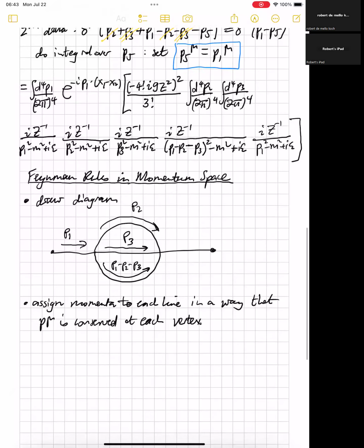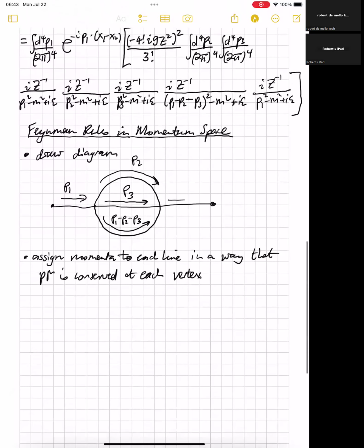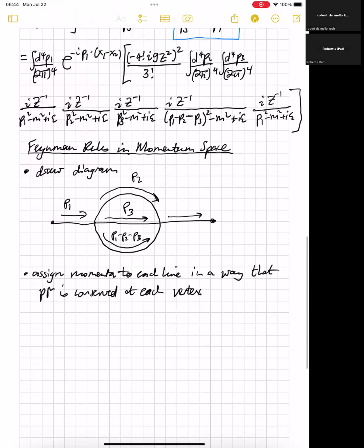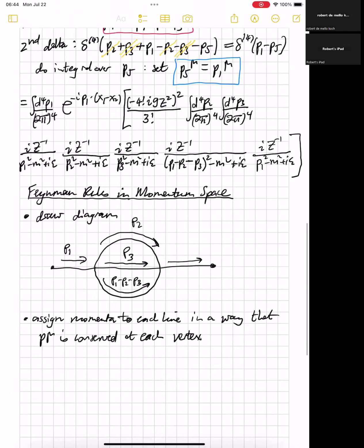Over here, this is the last momentum around the vertex, so we can't choose it. p1 minus p2 minus p3 flows in, p3 flows in, and p2 flows in, so the sum of those must flow out, so p1 must flow out. Good. So now we've assigned the momenta consistent with momentum conservation at each vertex.